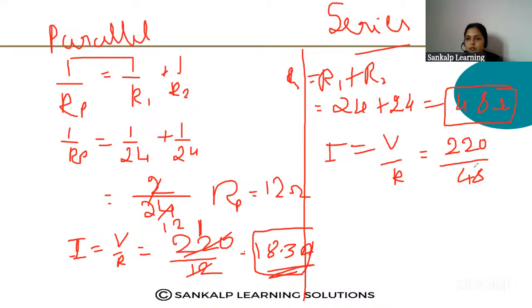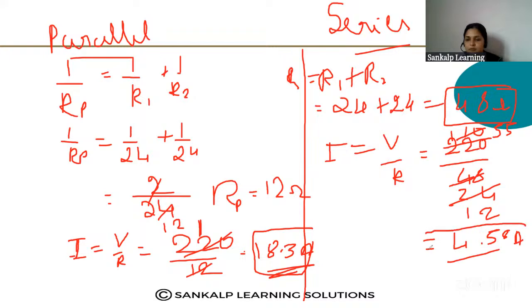Can you solve this? 2 2s are 4, 2 4s are 8, 2 1s are 2... then 12 divided by 55 means 4.58 something ampere. So this is the current flow when it is connected in series.